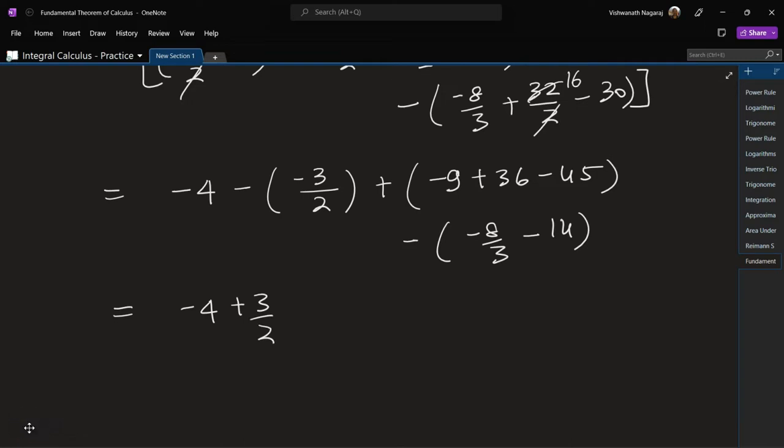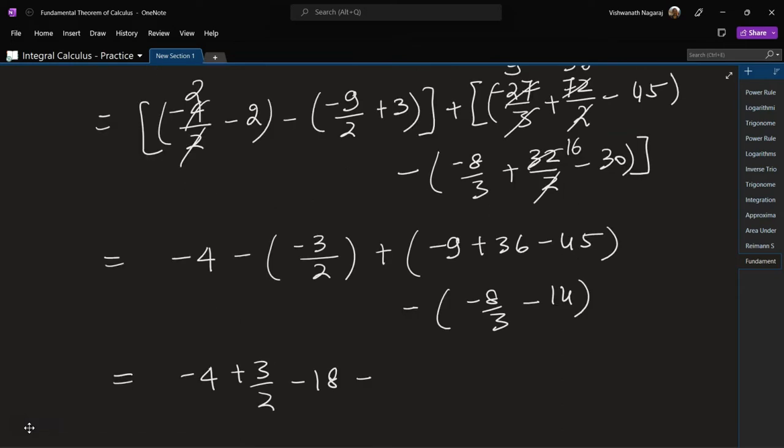Okay, let's do 36 minus 45 is going to be minus 9. Minus 9 minus 9 is minus 18. Minus, this is minus, so this will become plus. 14 3s are 42. 42 minus 8 is 50 by 3.